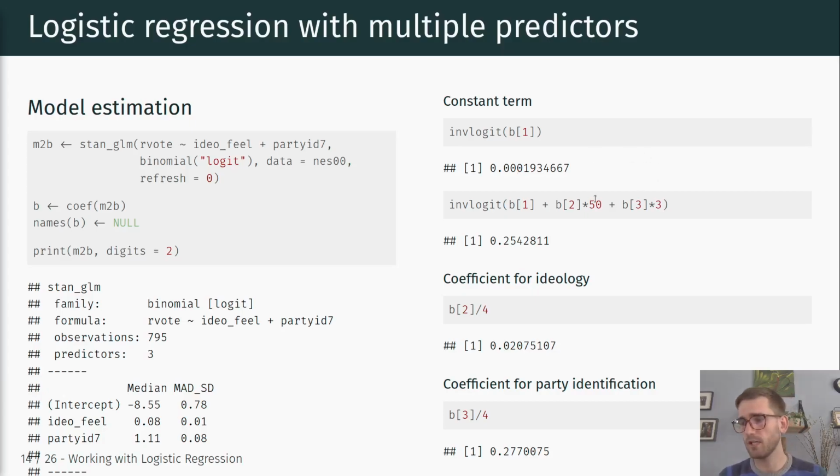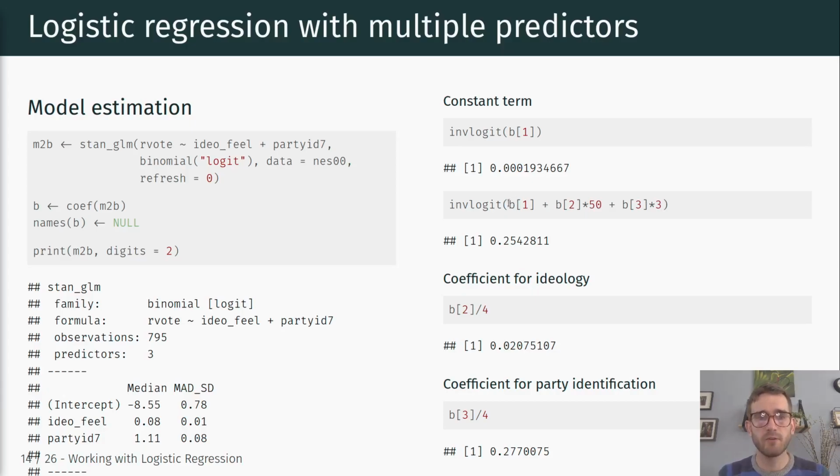Okay, so in our case here, we could compute the average or the median for our feeling thermometer as well as for our party identification. But what I do instead is I just plug in basically the central values on the scale. So 50 for the feeling thermometer and 3 for our 7-point party identification scale.